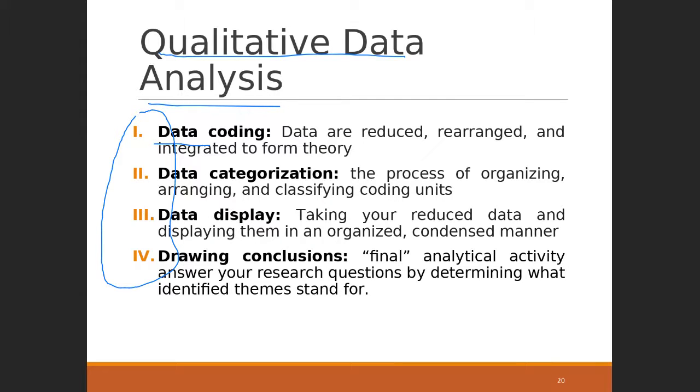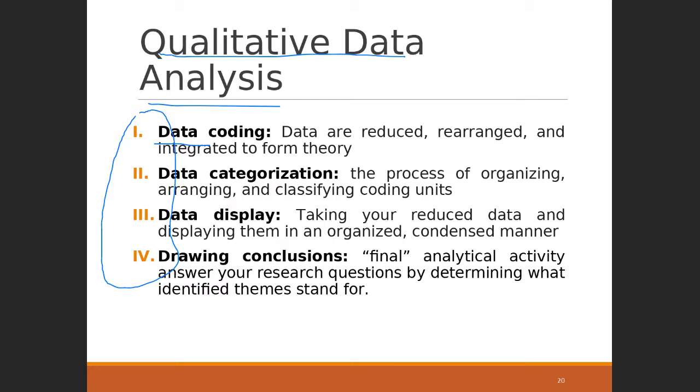So the second step is data categorization. It is the process of organizing, arranging, and classifying coding units. So codes and categories can be developed both inductively and deductively. In situations where there is no theory available, you must generate codes and categories inductively in the data. This is called grounded theory, which we discussed in our unit 6 as well.